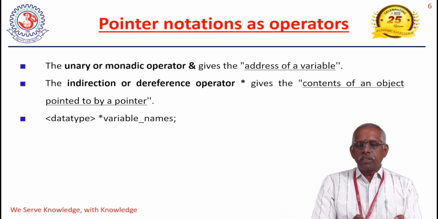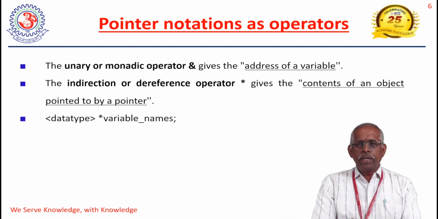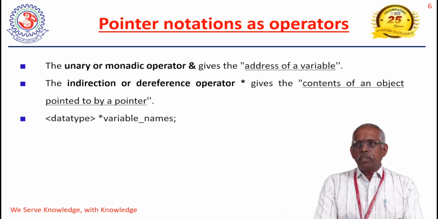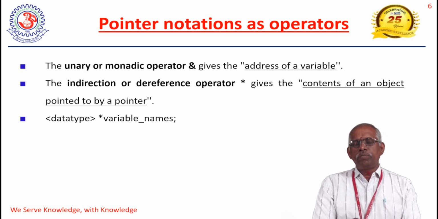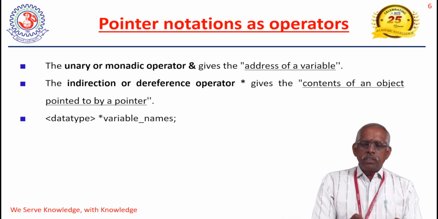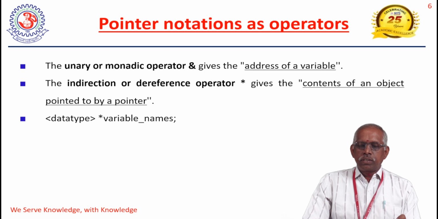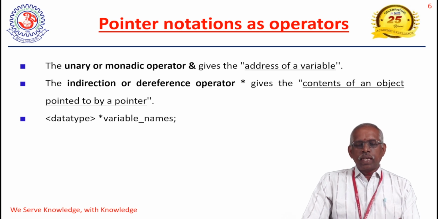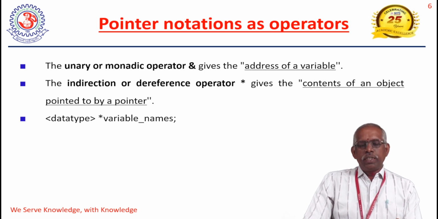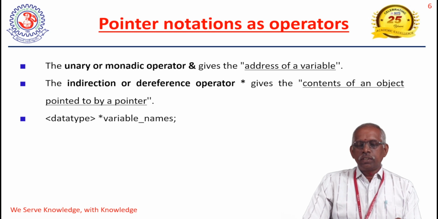So it all depends on the type of data also. Suppose if you are creating an integer pointer, integer data will be available. If we create a float pointer, float data will be available, like that. So these are the notations that we have to familiarize ourselves with. Address of a variable uses the ampersand symbol, and the star notation, that is, the asterisk notation, refers to the content of an object.